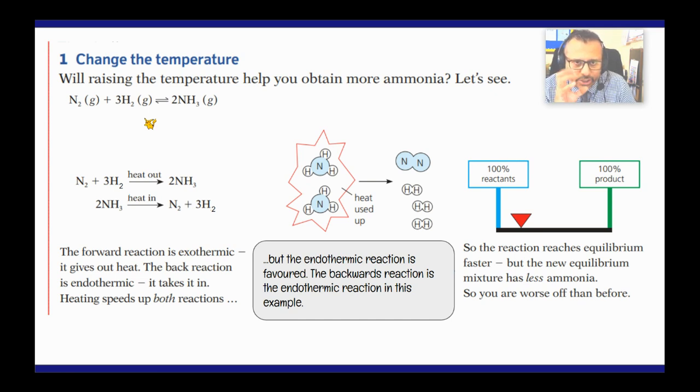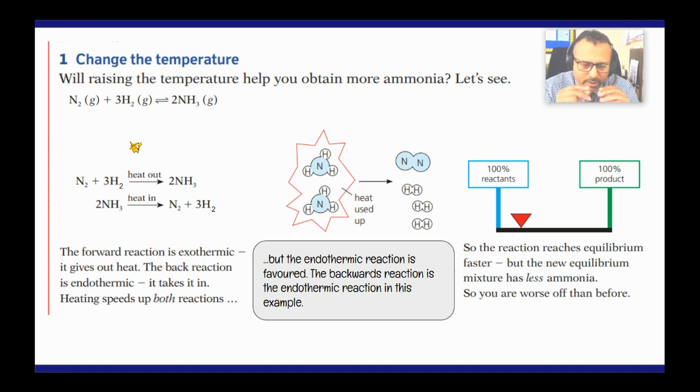Now let's think about changing temperature. Will changing temperature help us obtain more ammonia? Now the issue is that the forwards reaction, the desired reaction, is actually exothermic. So if you have an exothermic reaction overall, supplying a source of energy through warming the chemicals doesn't actually help.